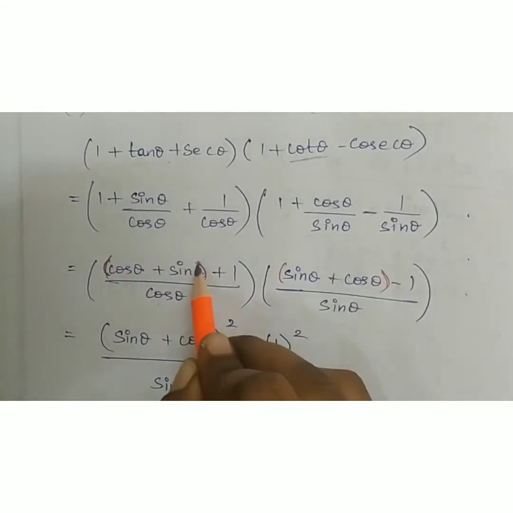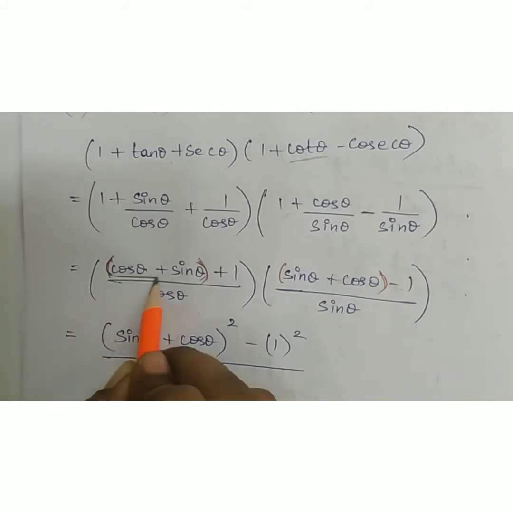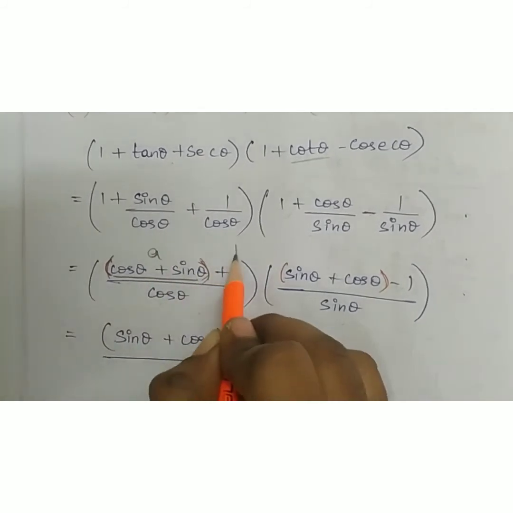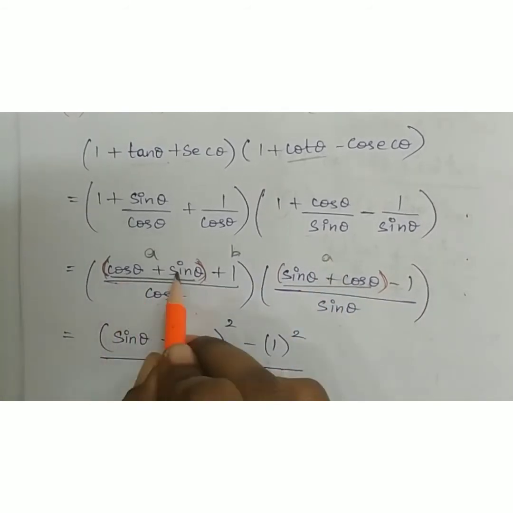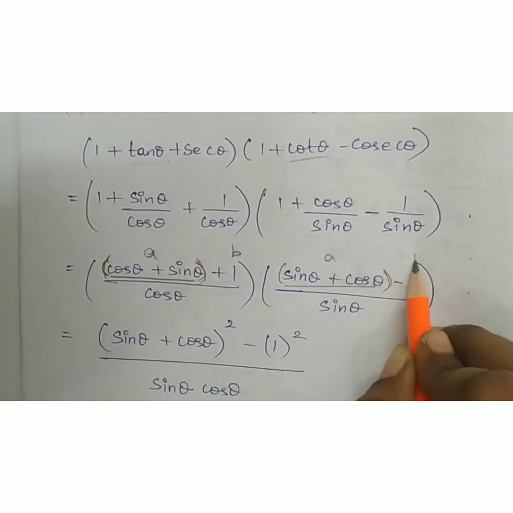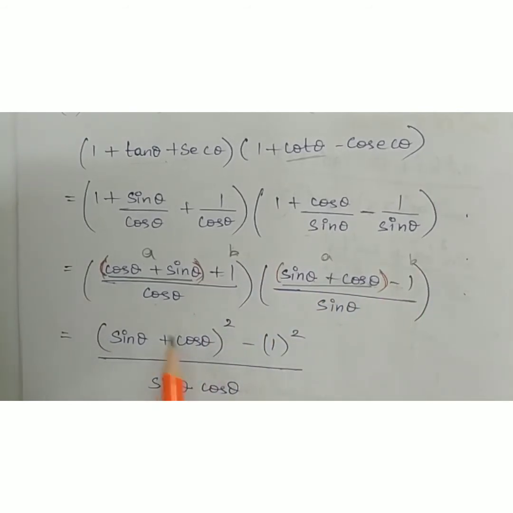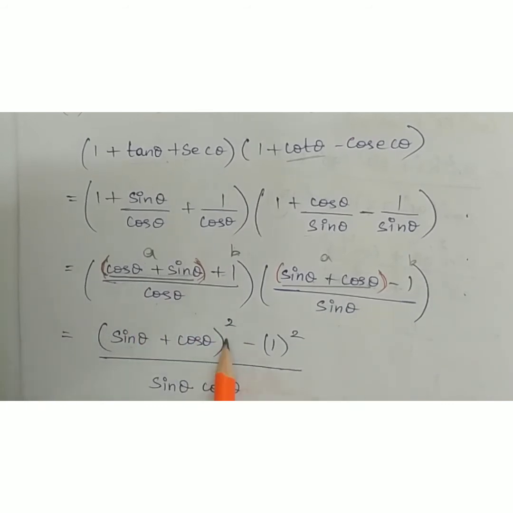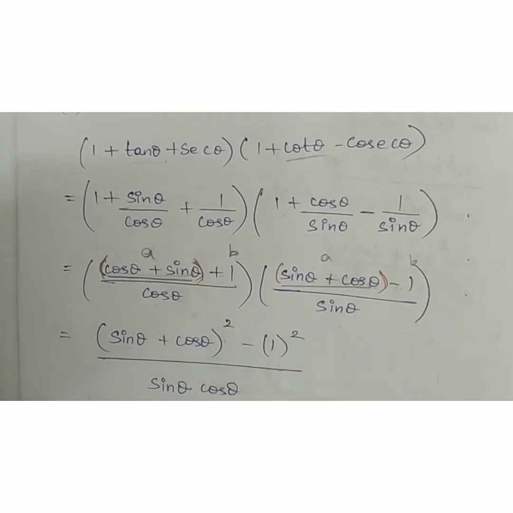You combine this, okay. So it is of the form A plus B. Keep this whole term as A and this as B. So it is A plus B into A minus B. Sin theta plus cos theta is A. So this one is B. So A plus B into A minus B is A square minus B square. So sin theta plus cos theta the whole square. This term is A square minus B, is 1 square by sin theta into cos theta product.